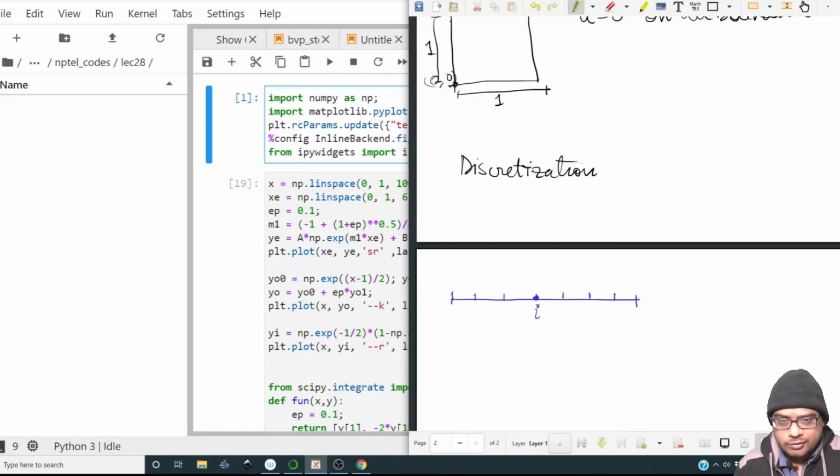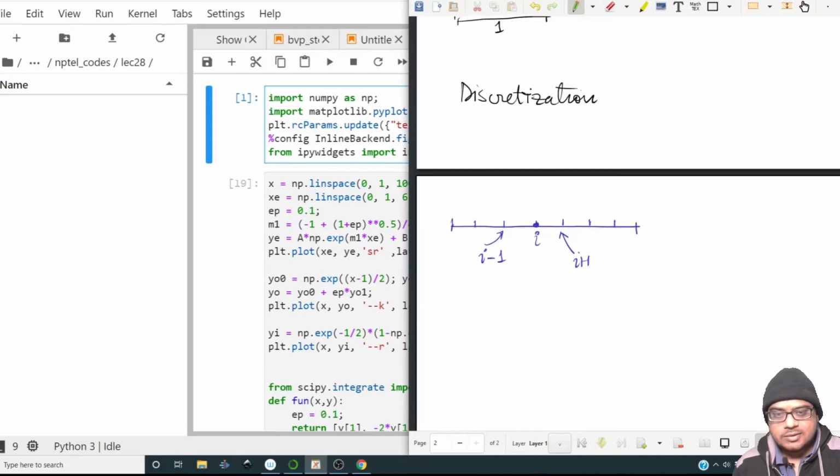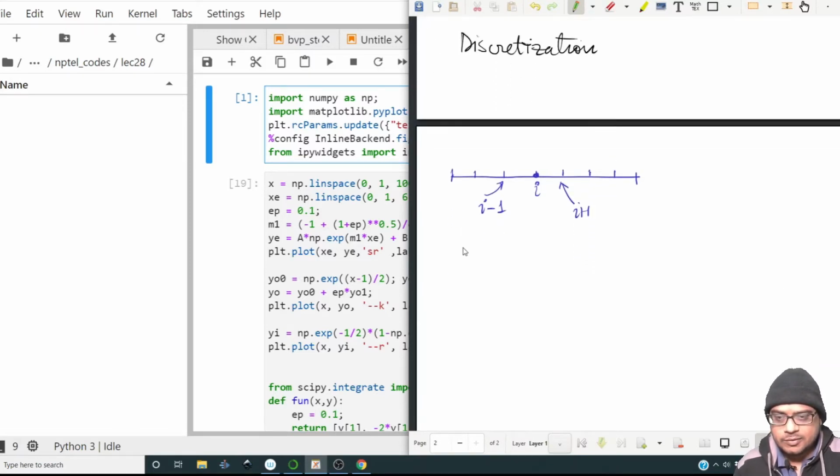Depending on which point you're focusing on, you can write the derivative at i in terms of i plus 1 and i minus 1. Then we had a system of equations, and the solution was found by doing an inversion of A, and we used the sparse solver of SciPy to get our job done.